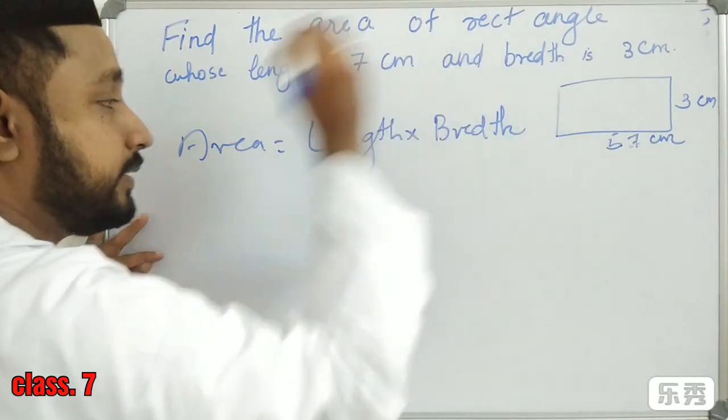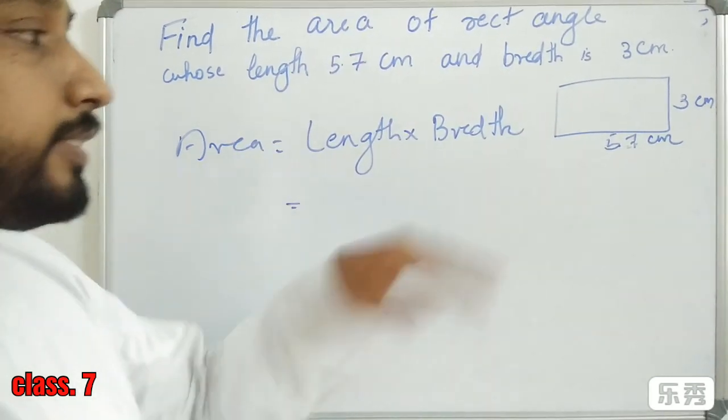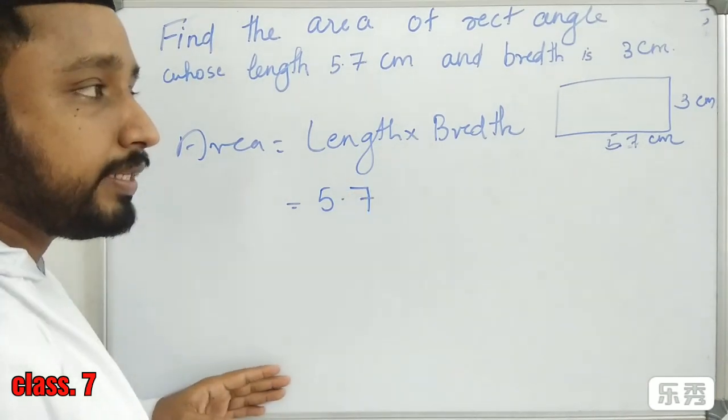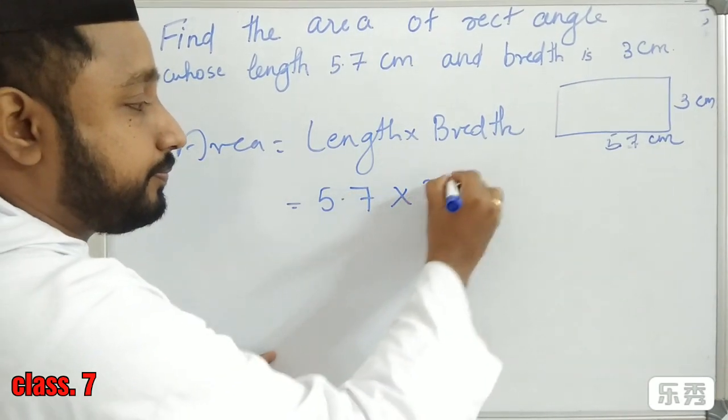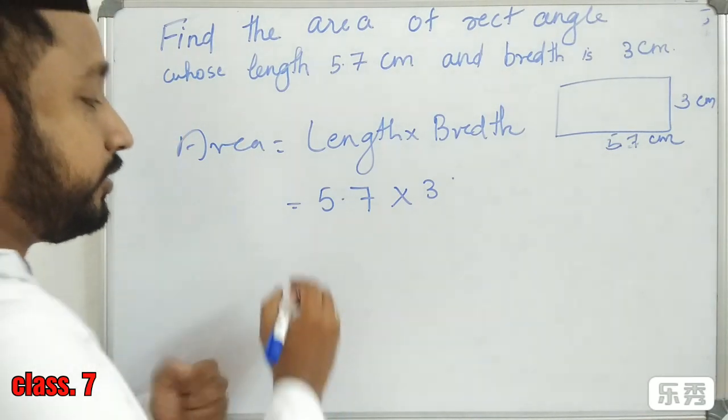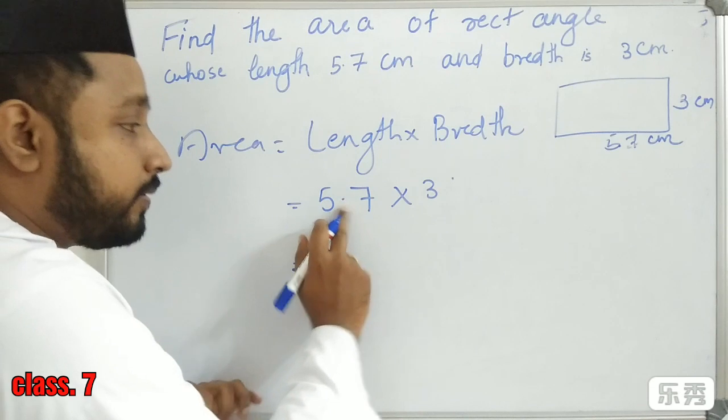Length is 5.7 cm and breadth is 3 cm. So 5.7 cm into 3 cm is equal to 5.7 into 3.